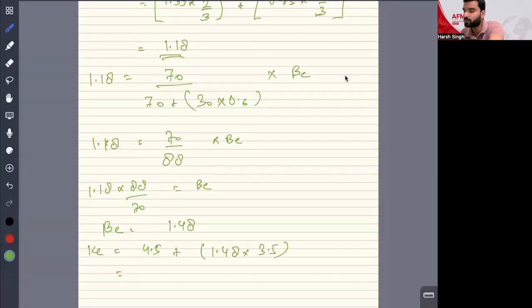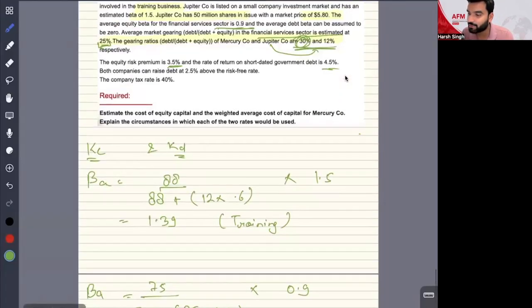So that will be equal to 3.5 multiplied by 1.48, which gives me 5.18, plus 4.5, which gives me 9.68%. This is my cost of equity. My cost of debt is directly given, everyone, so I don't have to worry about it. Both companies can raise debt at 2.5% above the risk-free rate. So 4.5 plus 2.5, 7% is the cost of debt.